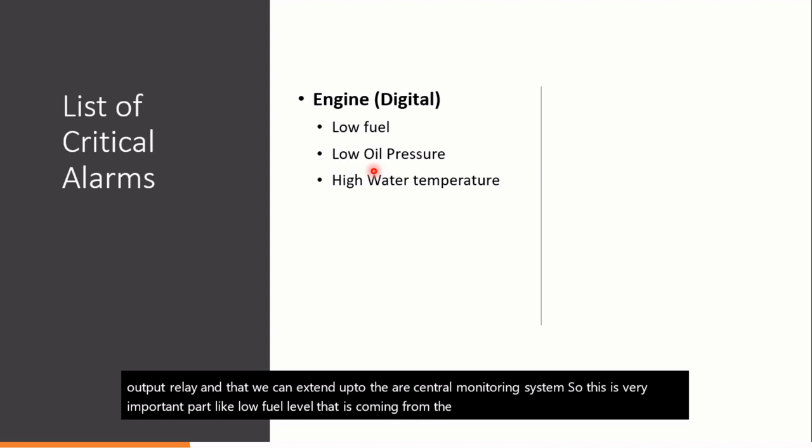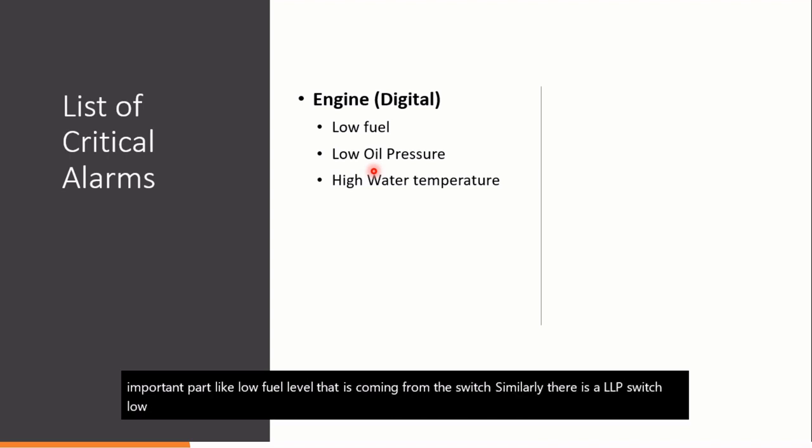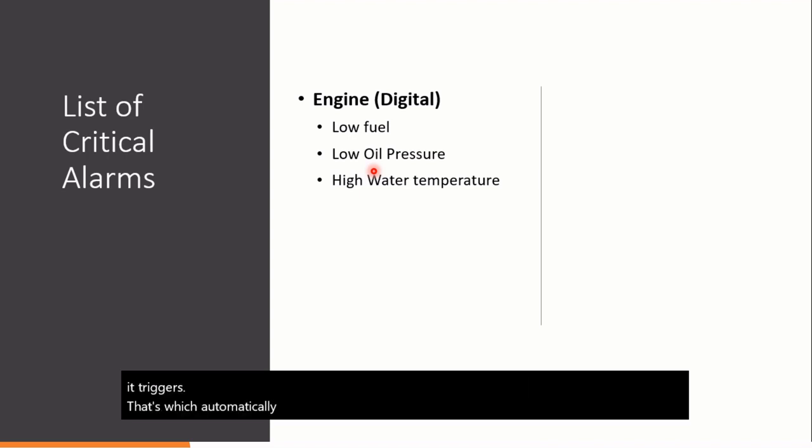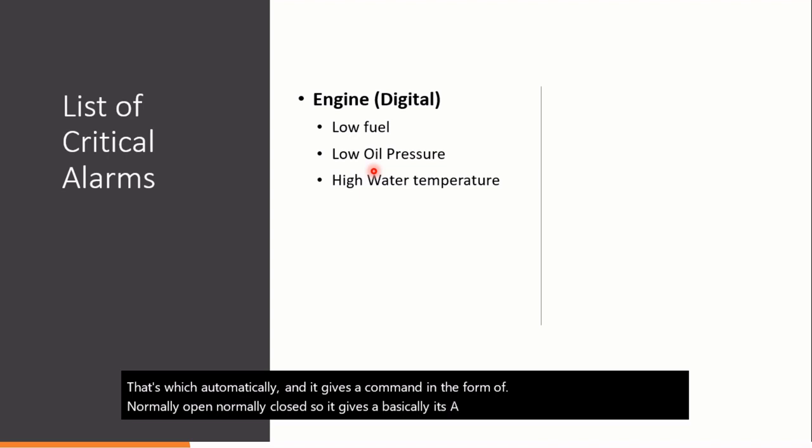Similarly, there is an LLOP switch, low lubrication oil pressure switch. If oil pressure goes down to a threshold value, then it triggers that switch automatically, and it gives a command in the form of normally open to normally close. Basically it's a PFC contact through which the signal is moving, and we get continuity on the controller side.